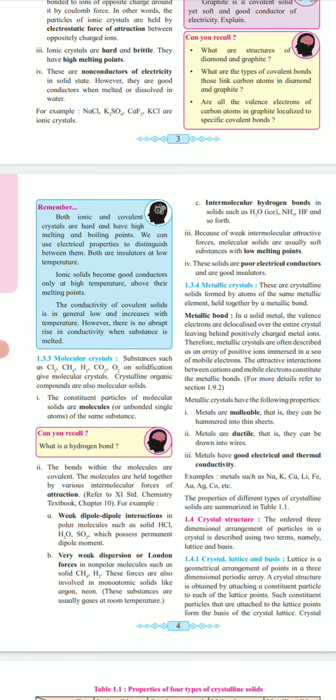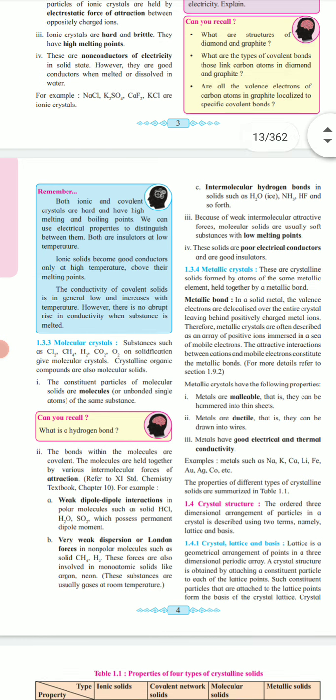C. Intermolecular hydrogen bonds in solids such as H2O, NH3, HF, and so forth. Third, because of weak intermolecular attractive forces, molecular solids are usually soft substances with low melting point. The solids are poor electrical conductors and are good insulators.